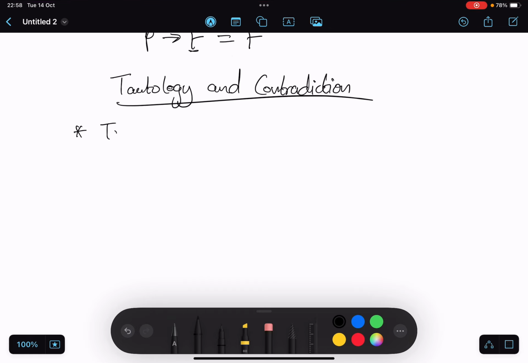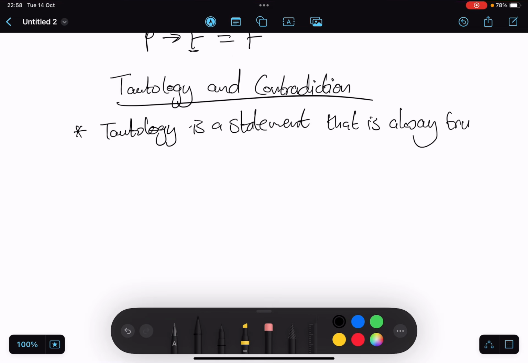Tautology is a statement or a proposition that is always true, represented with T. Just to make an example, we are saying P or not P.